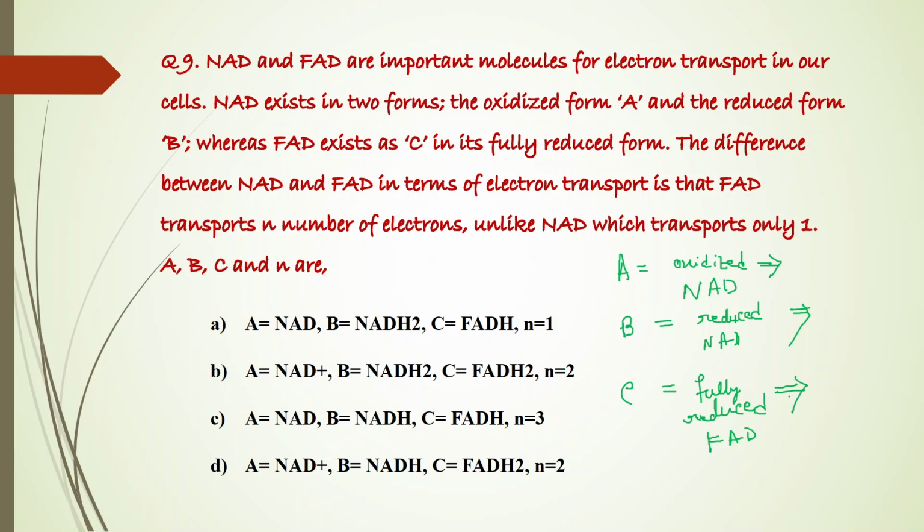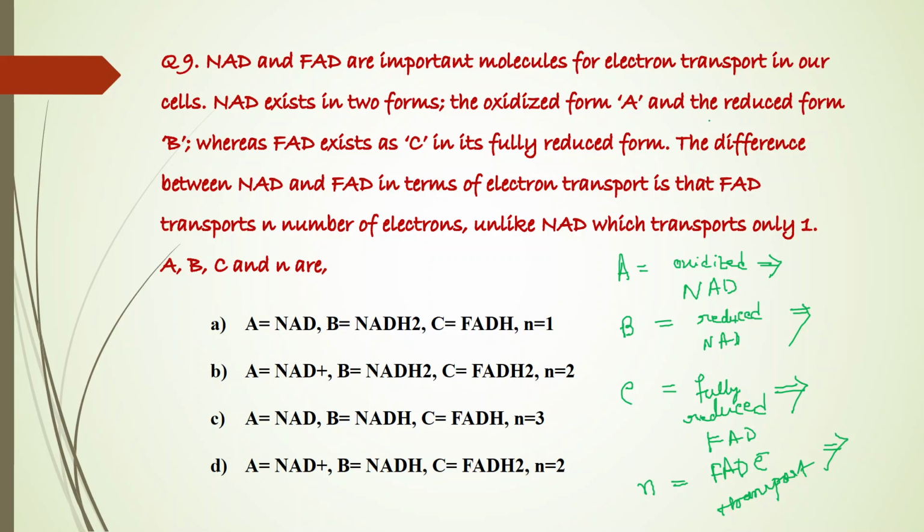So you need to identify that as well. And it is also saying the difference between NAD and FAD in terms of electron transport is that FAD transports n number of electrons. How many electrons, they have not said. So how many electrons does FAD transport, that you need to identify as well. Unlike NAD which transports only one. Okay, so these are the 4 things that you need to identify: A, B, C and D.